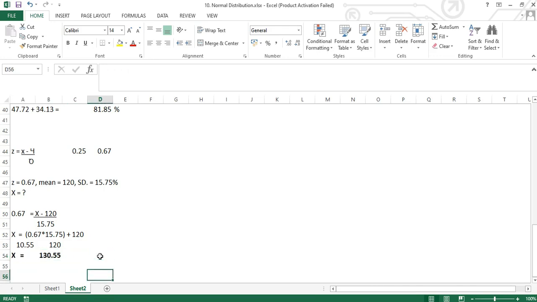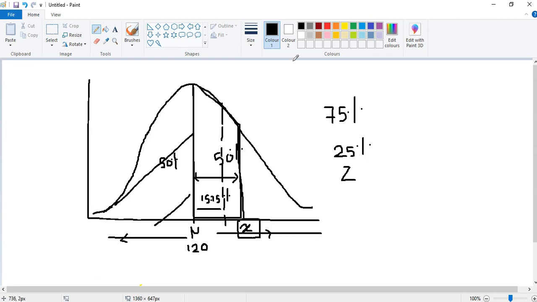So the conclusion is, we saw this side is 50%, this side is 50%, and this side they said 25%.